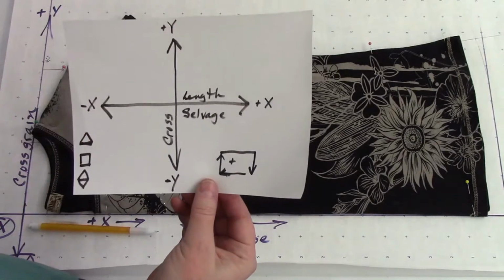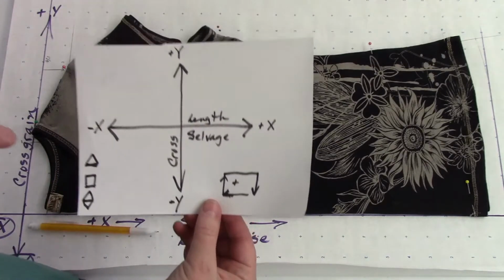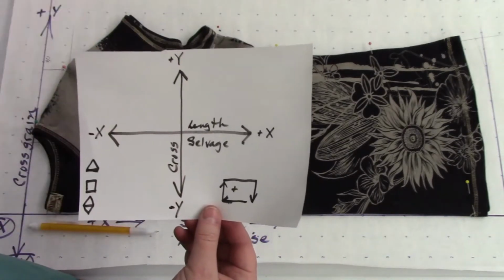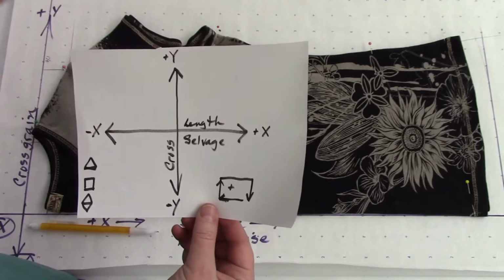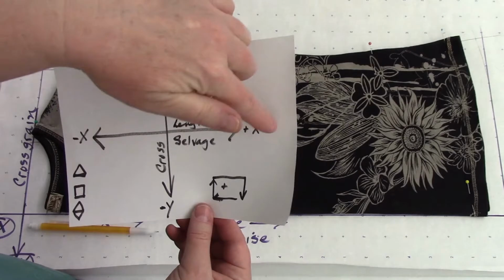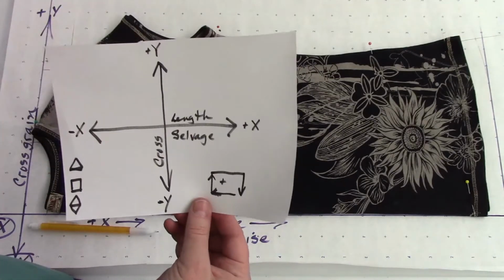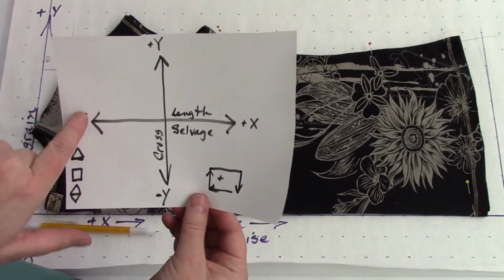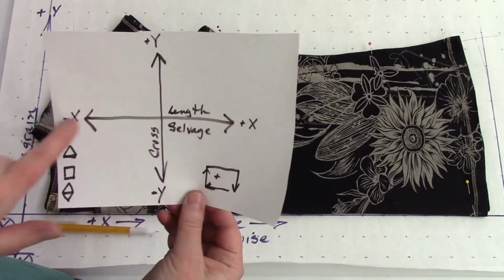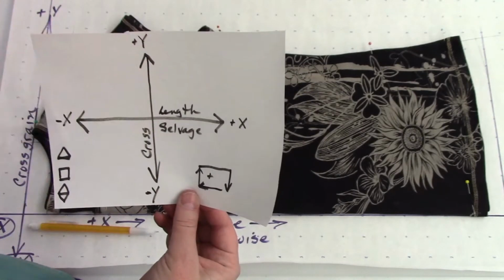So we've got our X and Y graph. The way the Gerber system works is Y is straight up, positive is up, negative is down, pretty standard. X is the lengthwise grain, negative, positive. So the selvage runs the length of the X grain, and the cross grain is the Y grain.